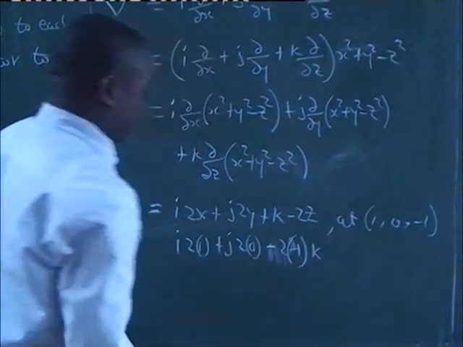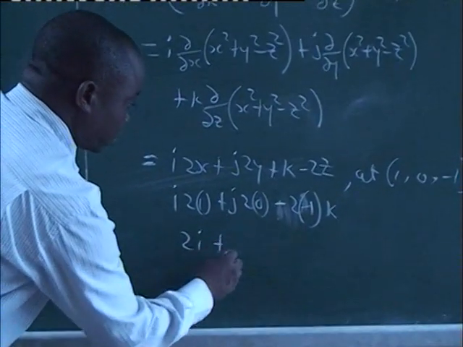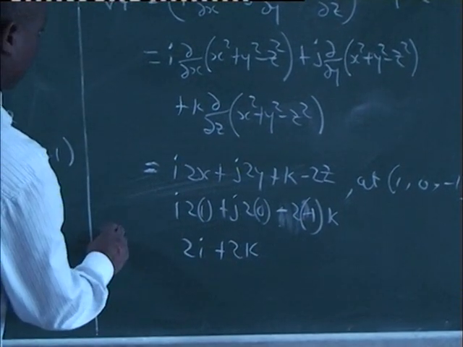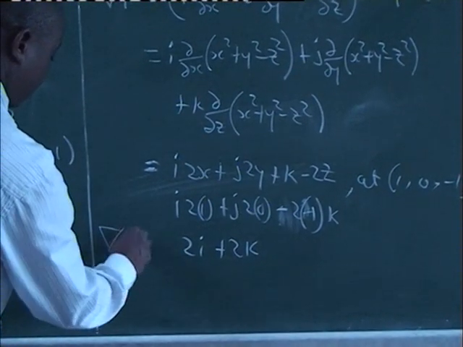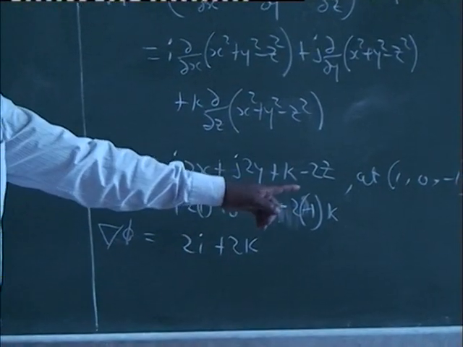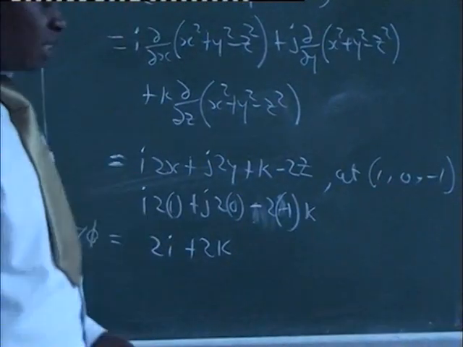So what we have is 2i plus 2k. That is del phi at the point 1 for x, 0 for y, and minus 1 for z.